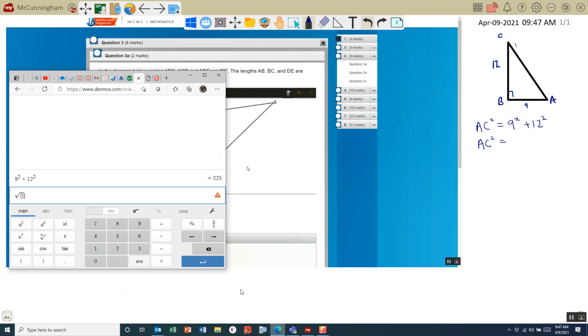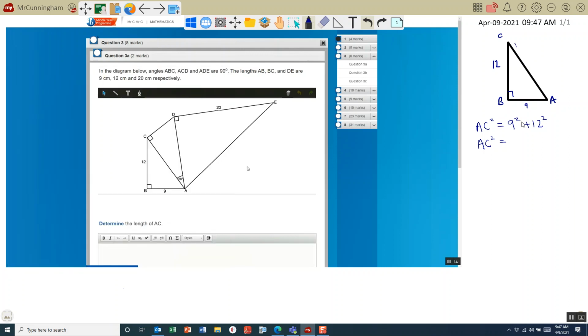There we go, which is 15. So these both equal 225. Square root our answer of 225.